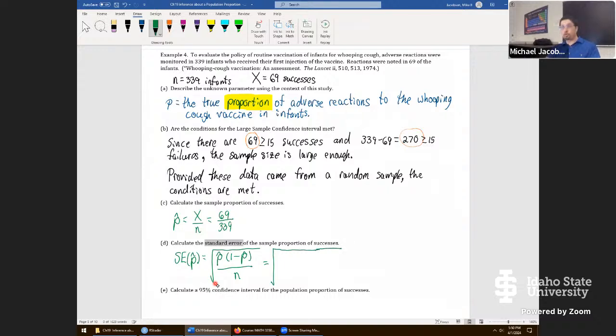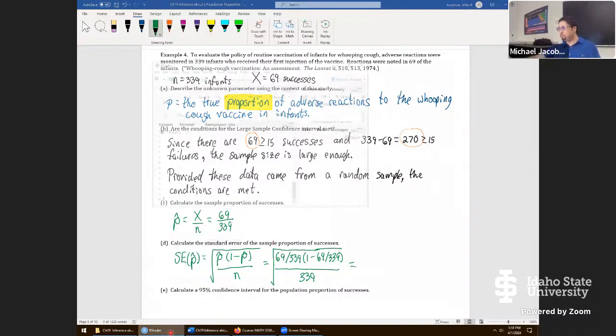Then from here, let me make this a little bit longer. Here's what it should look like right before going to the calculator, where you would get a massive amount of partial credit, even if you made a mistake in the calculator. It'll go 69/339 multiplied by 1 minus 69/339. Kind of ugly the way it goes in, but I guess it's faster than a decimal expansion, sort of. Then divide by 339.